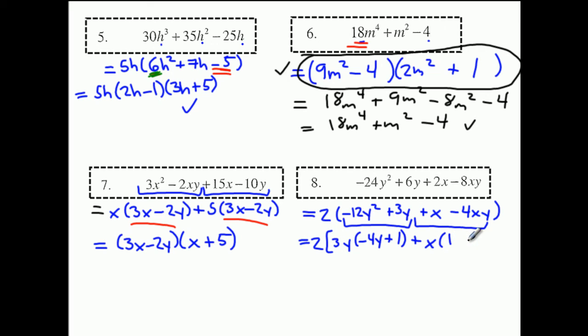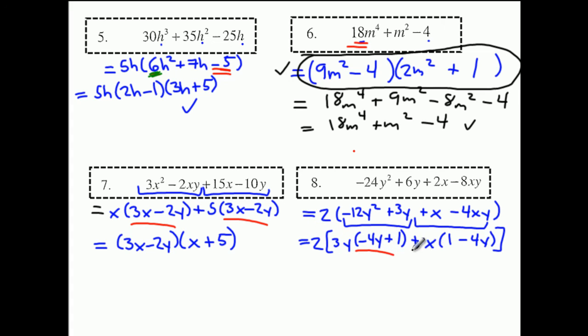So that leaves me with 1 minus 4y. So if I distribute this x back in, I get x and minus 4xy. And same here, if I distribute the 3y back in, I get negative 12y squared plus 3y. And then this 2 comes along for the ride as well.